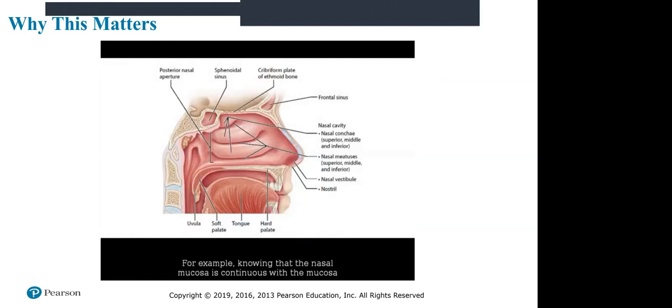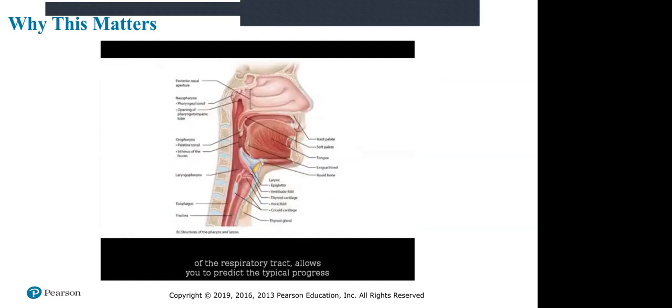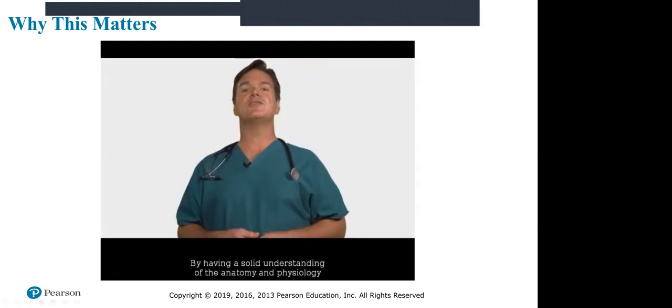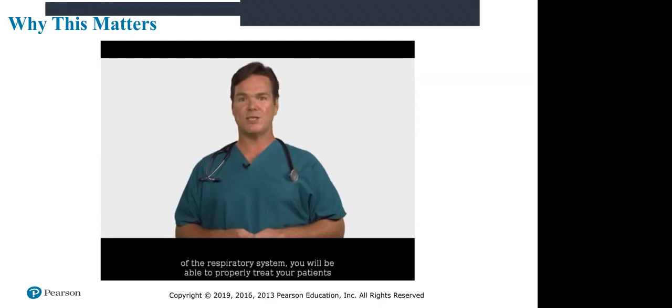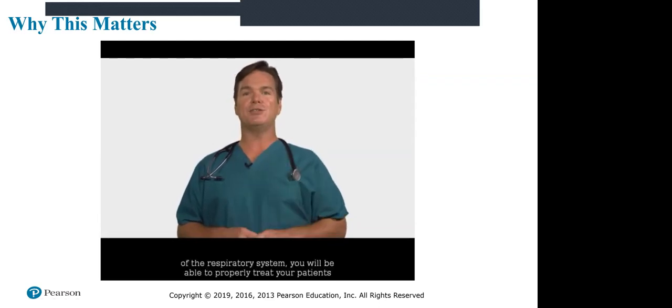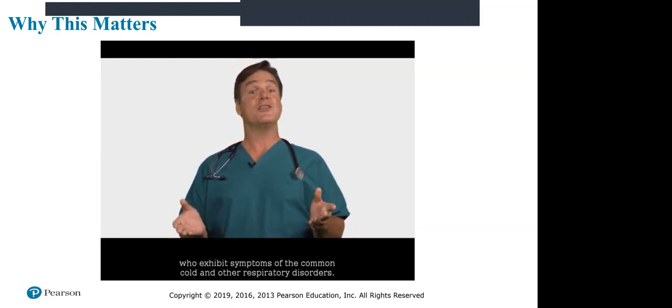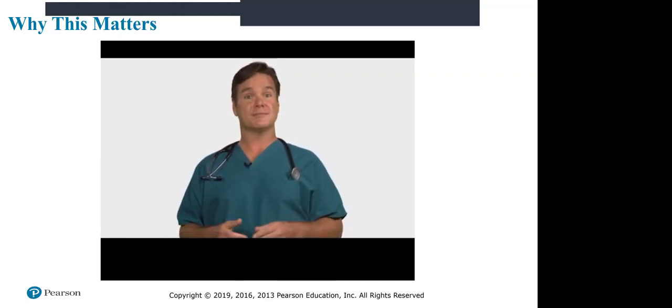For example, knowing that the nasal mucosa is continuous with the mucosa of the respiratory tract allows you to predict the typical progress of the common cold, with symptoms first affecting the nose and nasal passages, then moving to the throat, and finally ending with symptoms affecting the chest, like coughing. By having a solid understanding of the anatomy and physiology of the respiratory system, you will be able to properly treat your patients who exhibit symptoms of the common cold and other respiratory disorders.